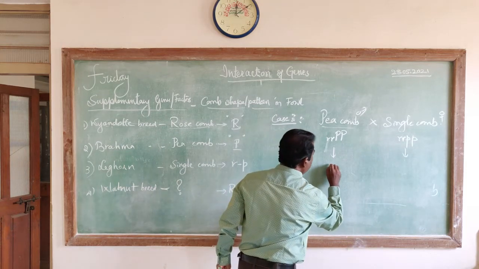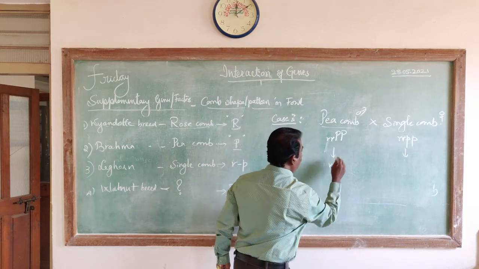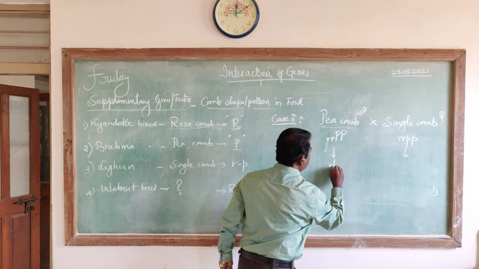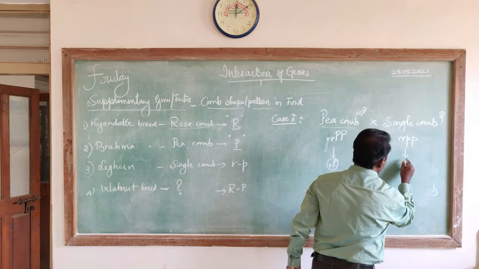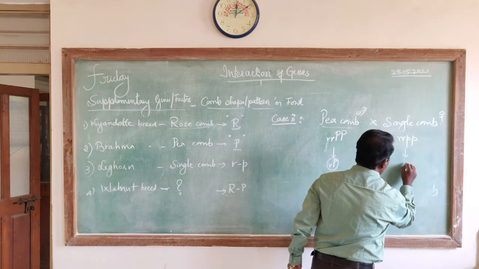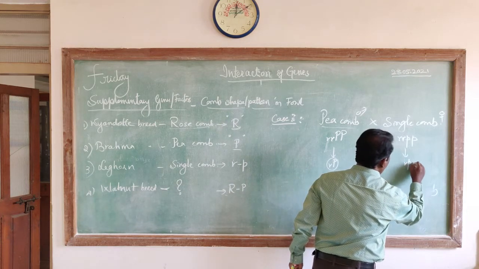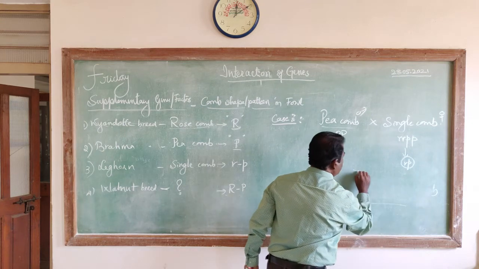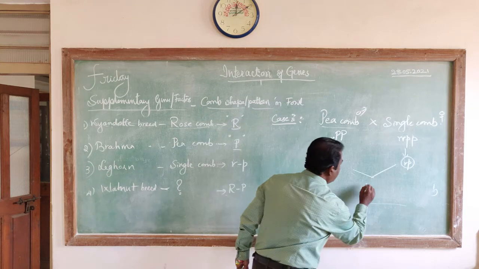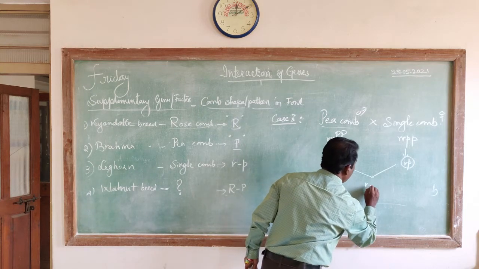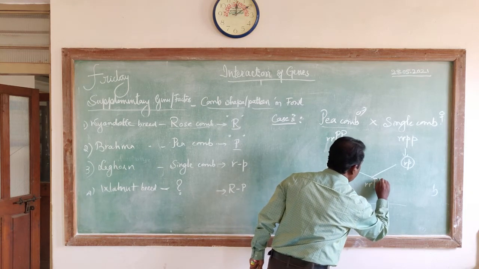And here every sperm produced by this pea comb will be carrying genotype, that is small r, capital P, and a single combed fowl producing eggs carrying genotype, that is small r, small p. When these two are united, means fertilization has occurred, then its respective genotype will be small r, capital P, small p.